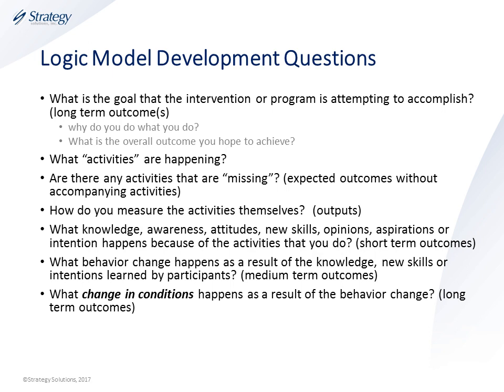You want to ask yourself, are there any activities that are missing? Because we've done logic model development processes with clients where they have an expected outcome, but they've got no activity in their program that actually would achieve that outcome. My favorite example is a local one from our Habitat for Humanity nonprofit. It's a housing organization. This was years and years ago.